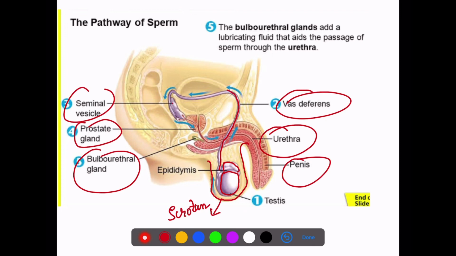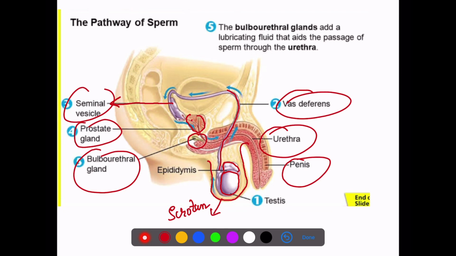Vas deferens and seminal vesicle sit right next to each other. And then there are the ejaculatory duct, prostate gland and the bulbourethral gland. So I think you can confidently mark any part of the male reproductive system.